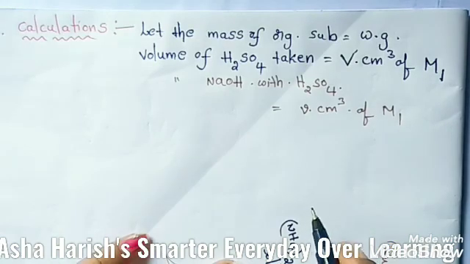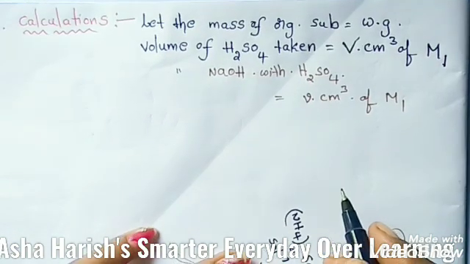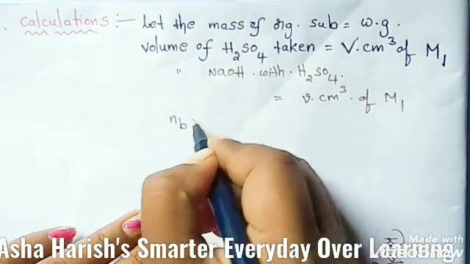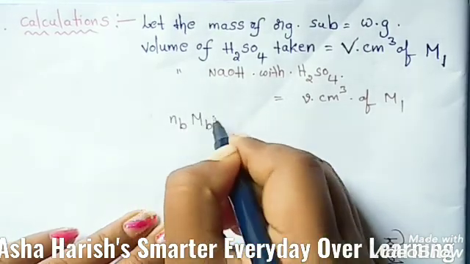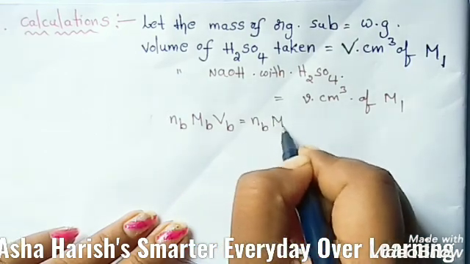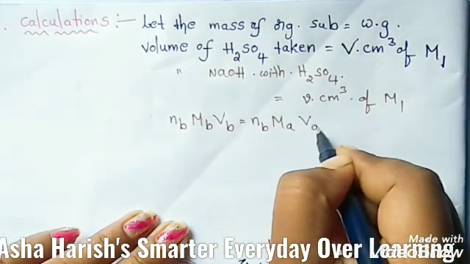This is also molarity. Applying the molarity equation, here the molarity equation is nB MB VB is equal to nA MA VA.